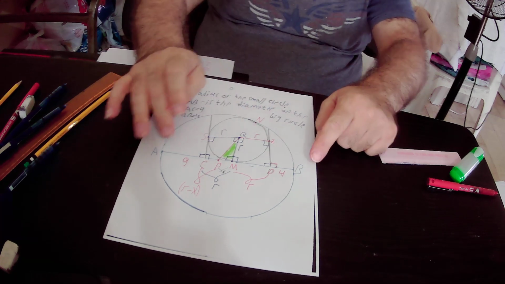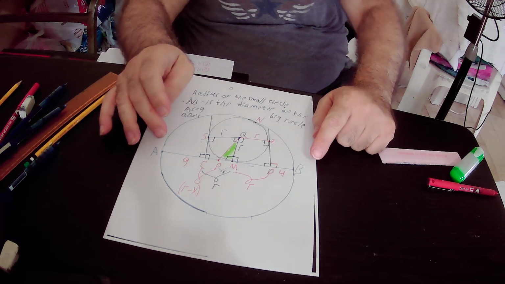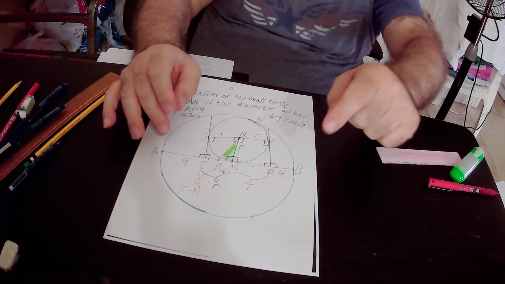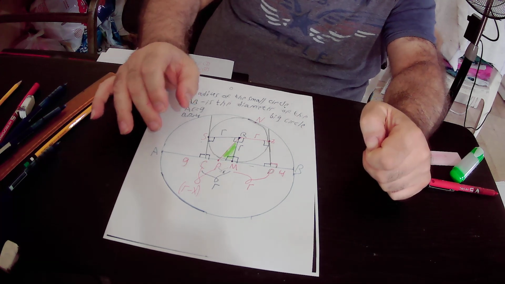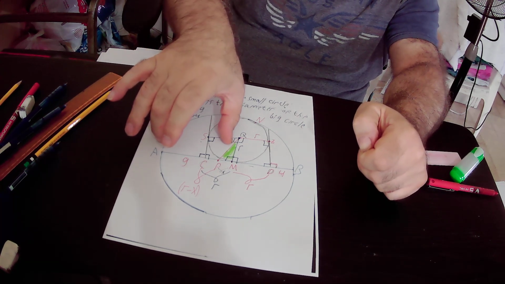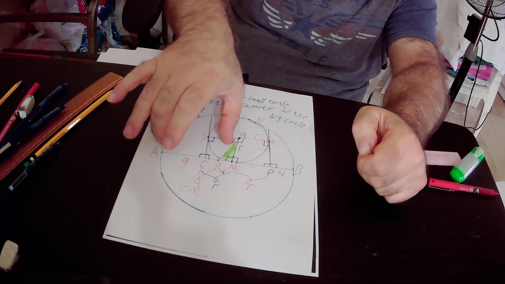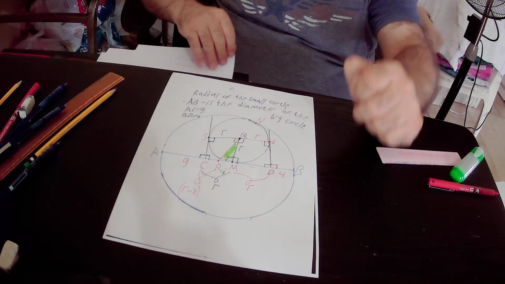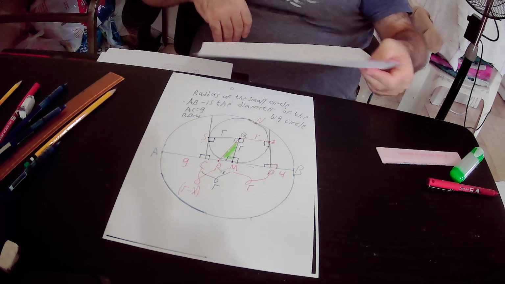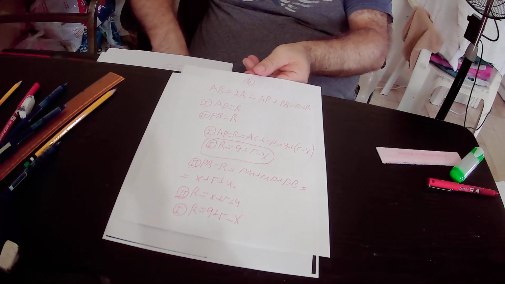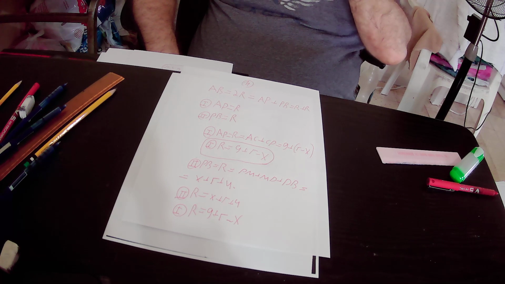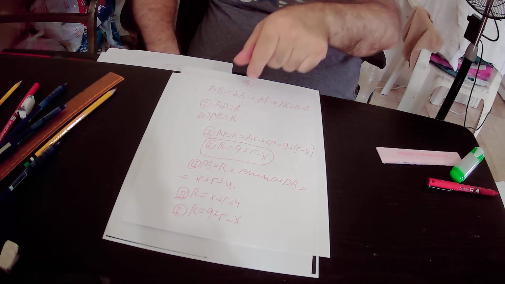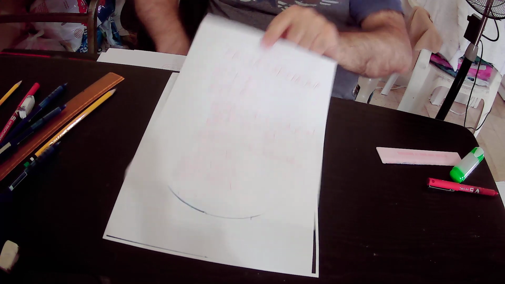Actually, AB is the diameter of the big circle, it equals 2 times R, that is to say it equals AP, that is capital R, plus PB, that is also capital R. So we created two expressions for the radius of the big circle. The first equation is AP equals capital R.